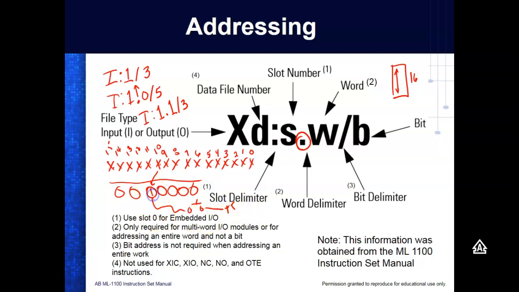If I wanted to see if this push button was closed, and it's in slot 1, then I would say input colon slot 1. We only got 16, so we don't have to specify a word number, and I'd put slash, and then I would put 10. So what I've done is I've addressed input 10 on the input module.